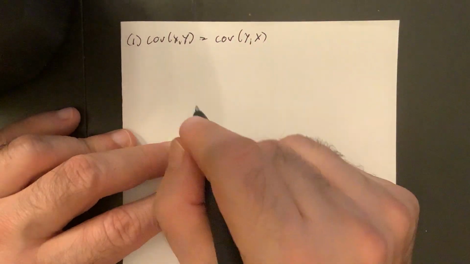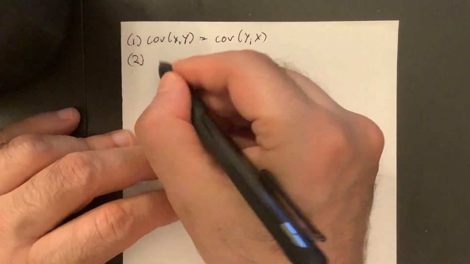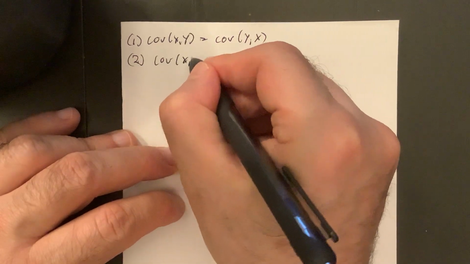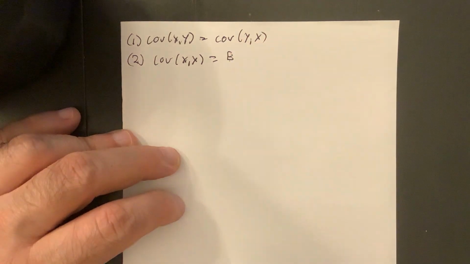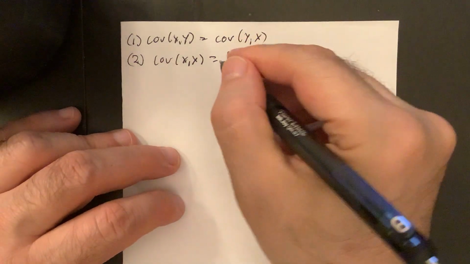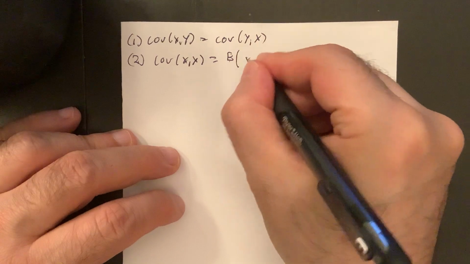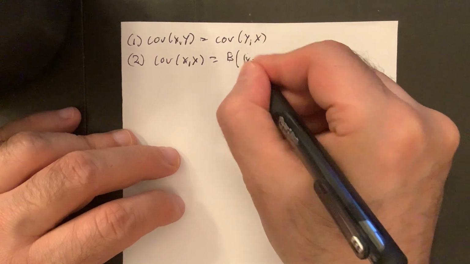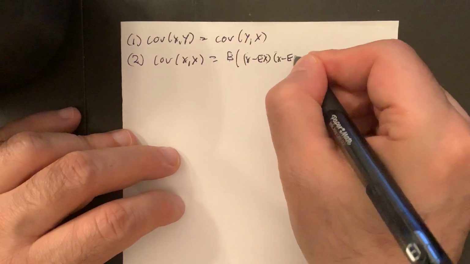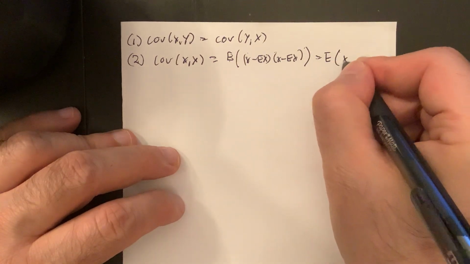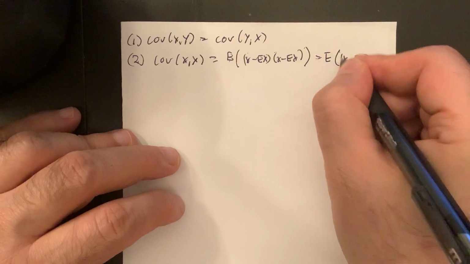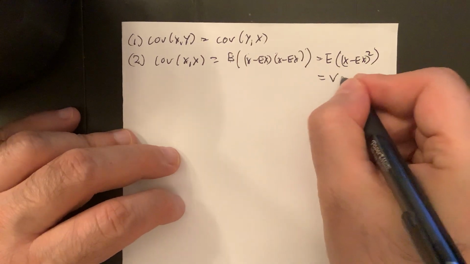This is obvious from the definition. 2, covariance XX is just equal to E[(X minus E[X])(X minus E[X])], which is E[(X minus E[X]) squared]. So this is just the variance of X.